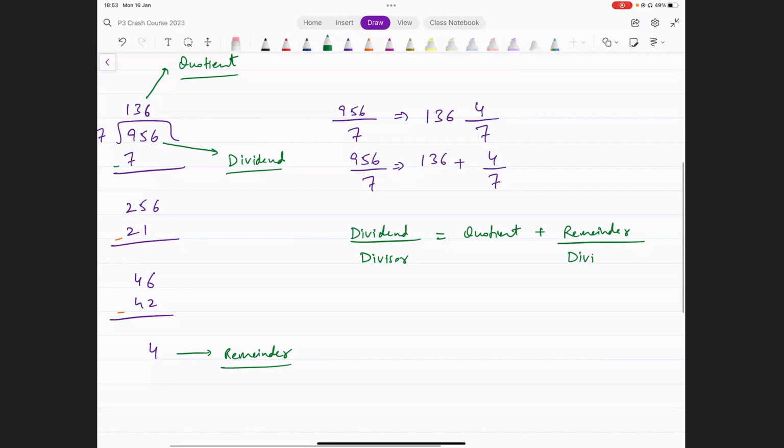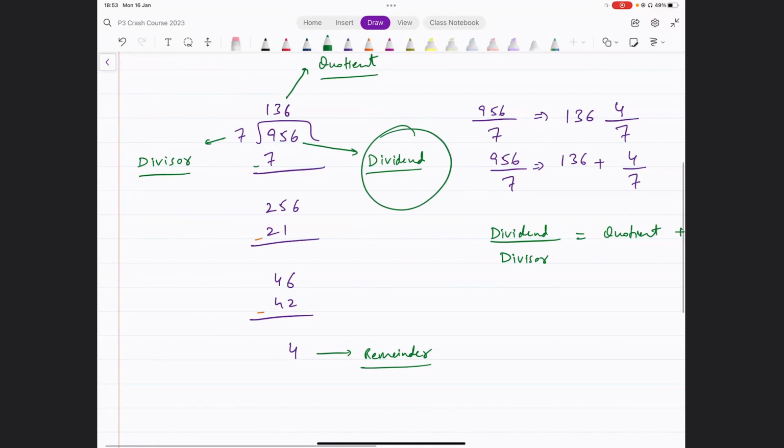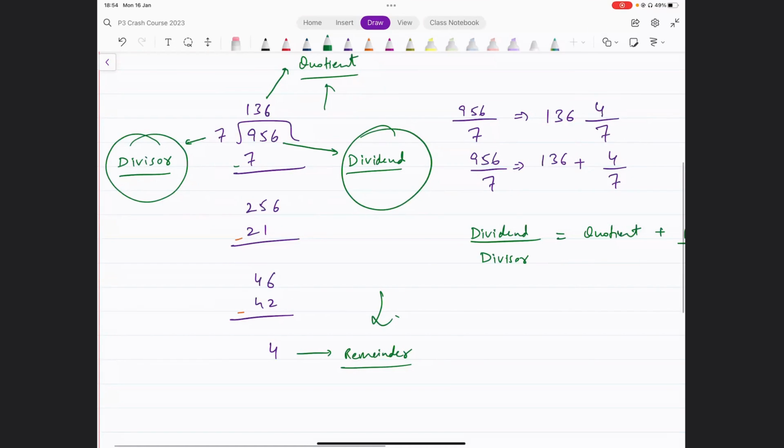So this is a very important relationship that you have to remember, that you have between dividend, divisor, quotient, and the remainder. This is how all of these quantities are related.